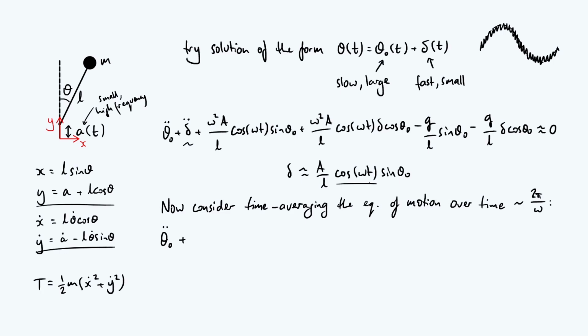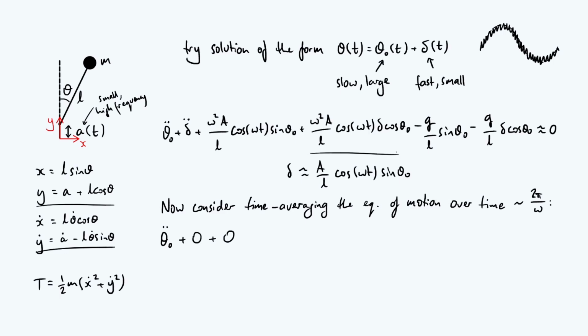If we differentiate it twice, it's still going to be proportional to cos of omega t. And when you average a sinusoidal function over time, it just goes to 0 because it spends equal amounts of time above and below your time axis. And so delta double dot is going to go to 0. Similarly, this next term is going to go to 0 because it's got a cos omega t, and that's going to average out to 0 as well.